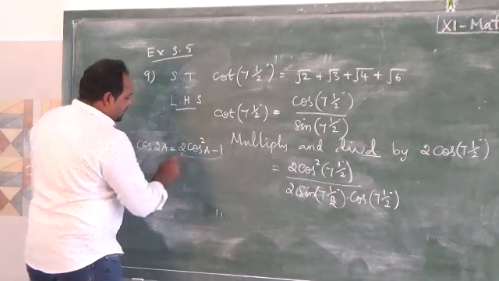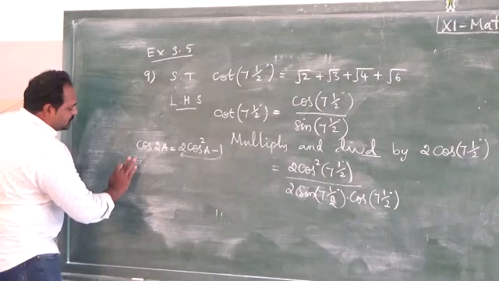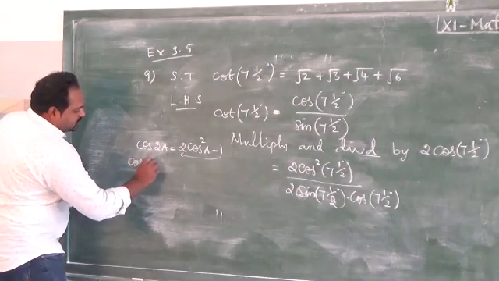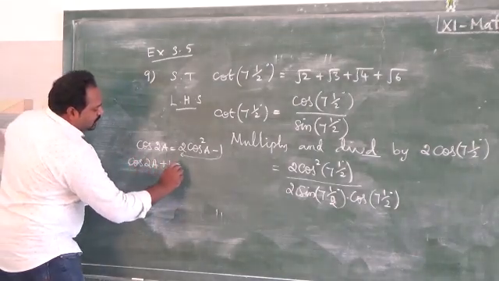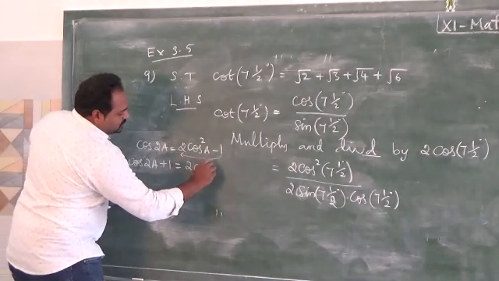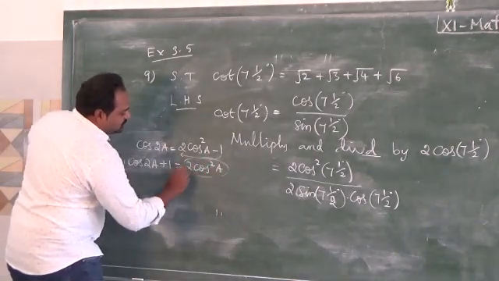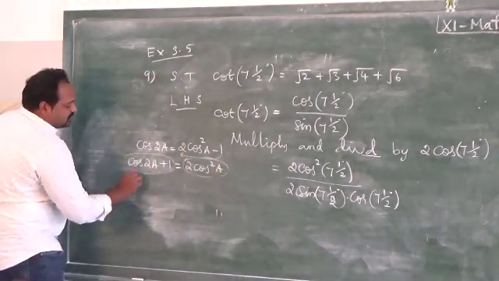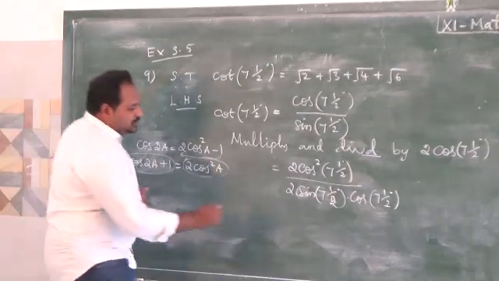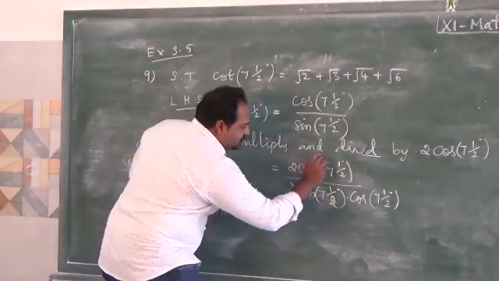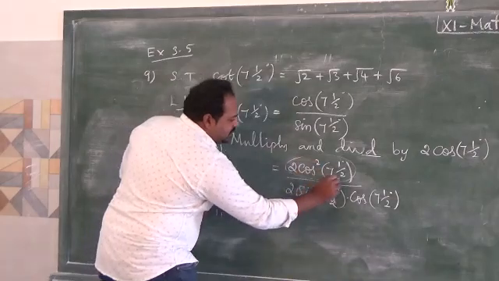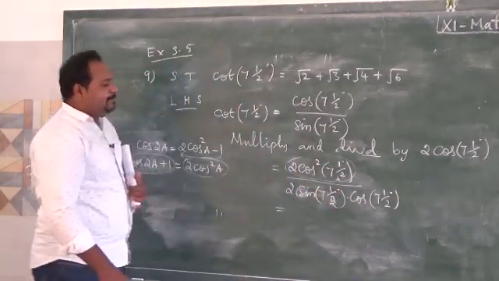If you bring this side, it will be cos 2a plus 1 equals 2 cos square a. So instead of 2 cos square a, we can write cos 2a plus 1.